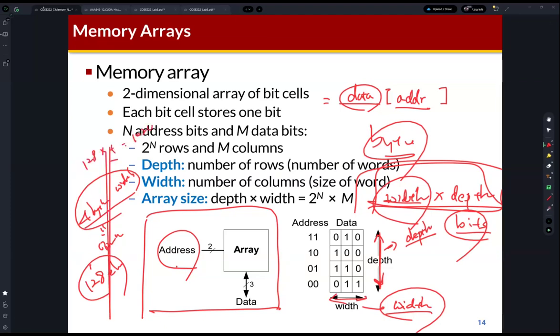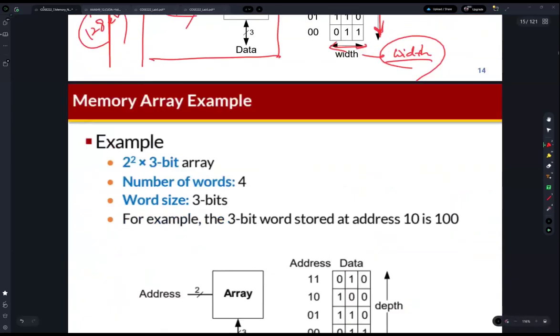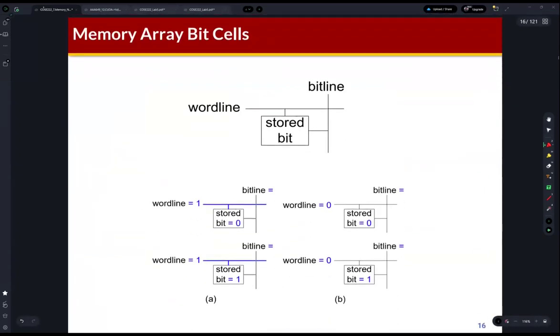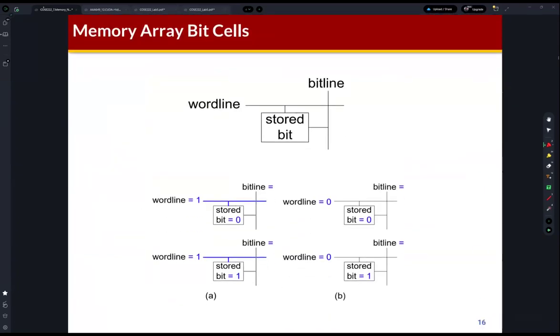So this is the size of the memory. We can just give an address to the memory and read the element of the memory. But real memory is implemented like this.